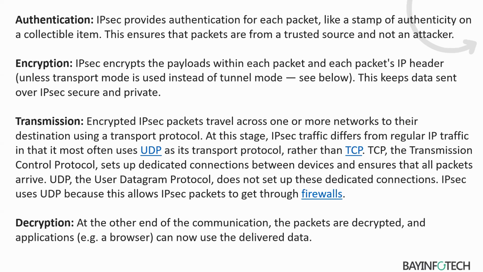TCP, the Transmission Control Protocol, sets up dedicated connections between devices and ensures that all packets arrive. UDP, the User Datagram Protocol, does not set up these dedicated connections. IPsec uses UDP because this allows IPsec packets to get through firewalls.